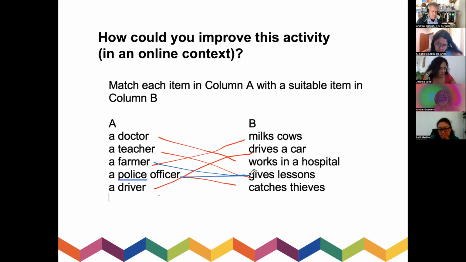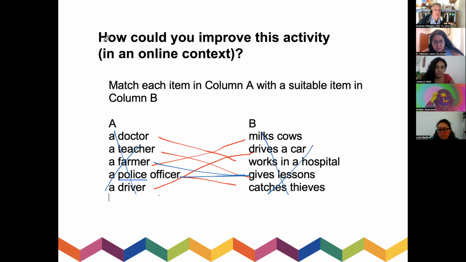Another option is you could delete column A and ask students to think of a subject to go with a predicate, or you could delete column B and just have column A and leave it open.